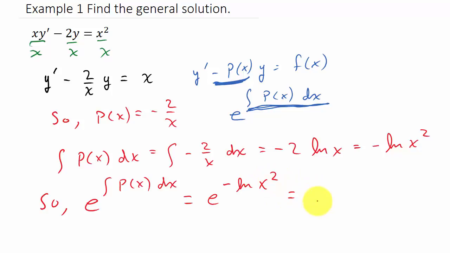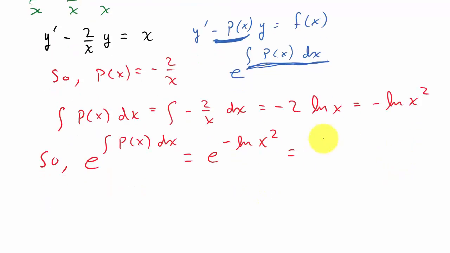So let's clean this up a little bit. That's going to give us 1 over e to the natural log x squared, which is equal to 1 over x squared.